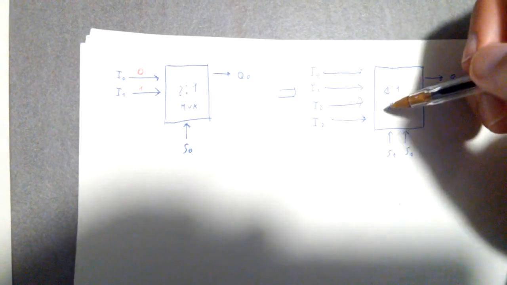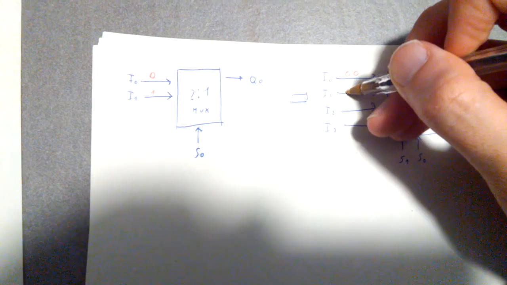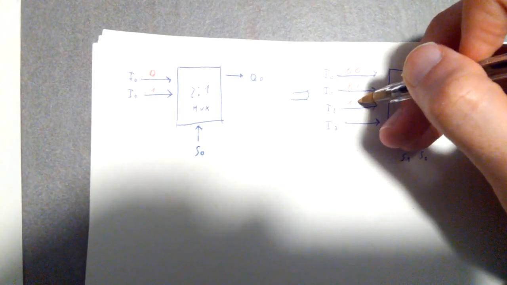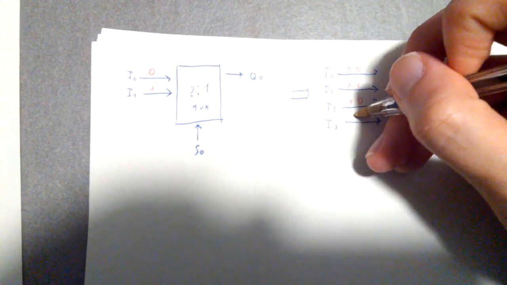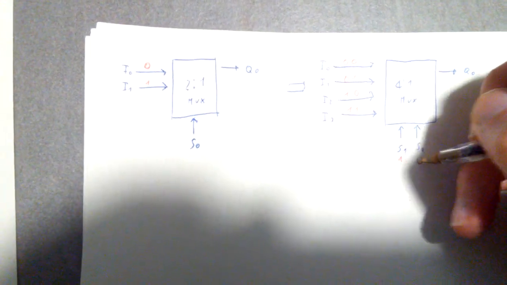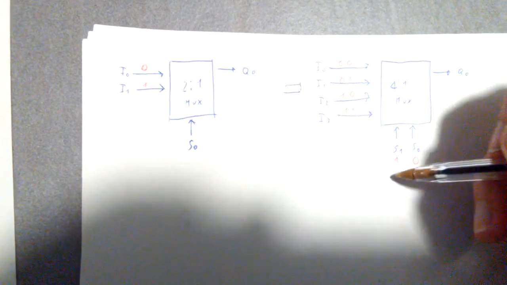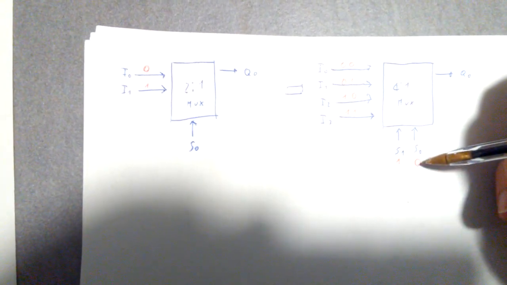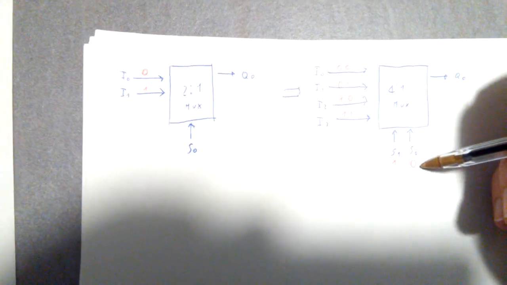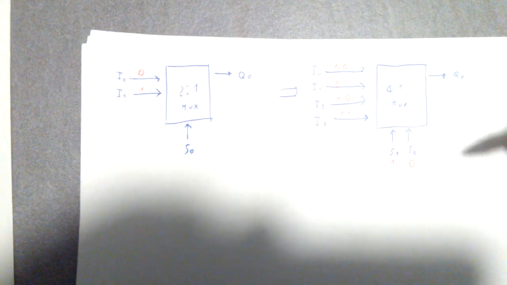However, in this case, we're gonna think about this as 00, 01, 10, 11. We're gonna think about S1 as 1 and S0 as 0, and so on and so forth.